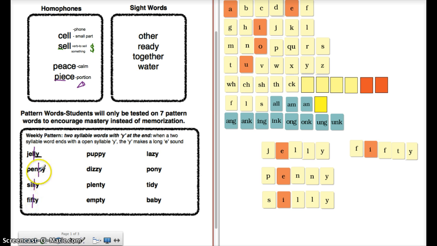fifty, and we can underline that open syllable, T-Y. And over here, pup, P. Don't forget to have that double consonant in the middle, so one is with each syllable. Diz, Z. One's with both. Next one, plen.